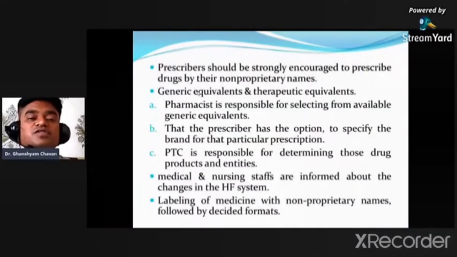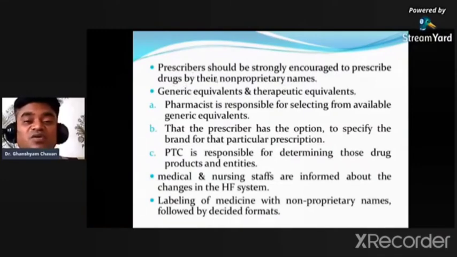Now, prescribers should be strongly encouraged to prescribe drugs by their non-proprietary names, because proprietary names may be chosen due to some schemes the doctors are getting. Nowadays it is very common that doctors are getting schemes, encouragement, targets, and benefits from the various pharma companies, due to which they will go for typical proprietary names, typical brand names, typical companies.